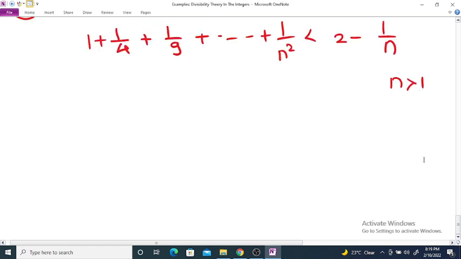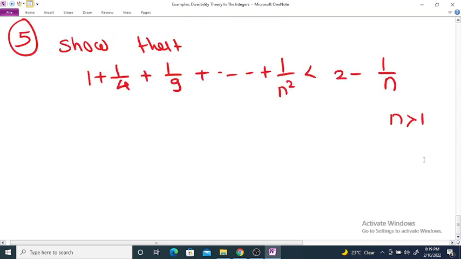Since the given statement involves the set of natural numbers, we are going to show this result by using mathematical induction, using the first principle of mathematical induction.